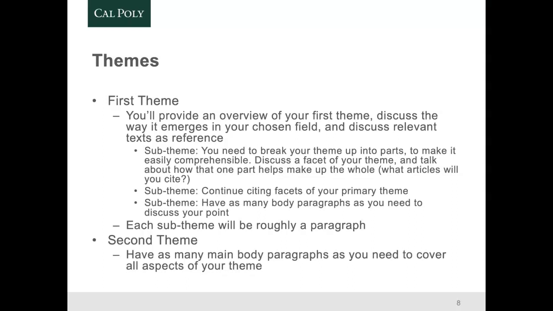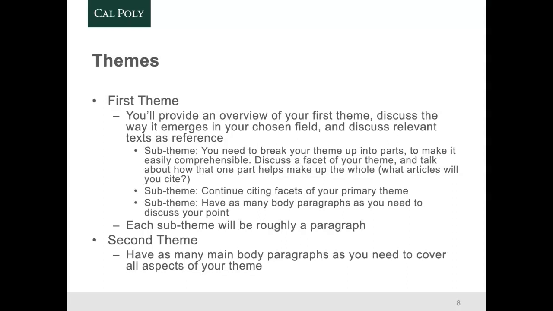So maybe there's conflicting evidence on that specific area. So you could organize it like that. There are also other ways to organize it as well, but you'll want to think about your themes and your sub-themes and how that makes sense in terms of your research topic. There really is no right or wrong way. It just really depends on what you're looking at.